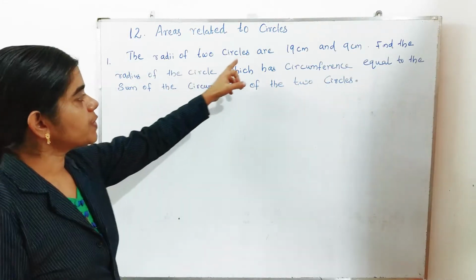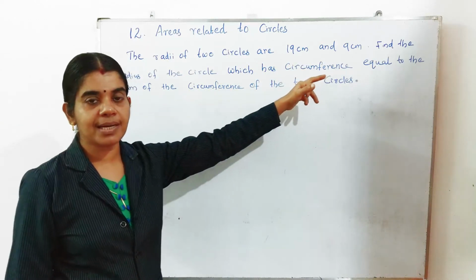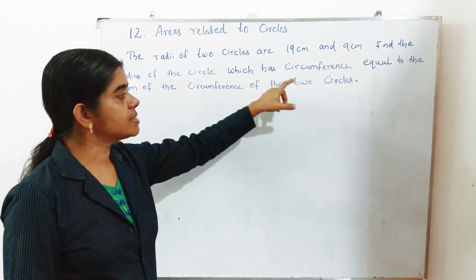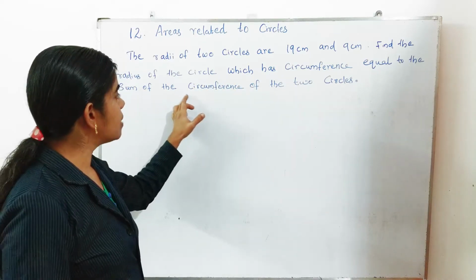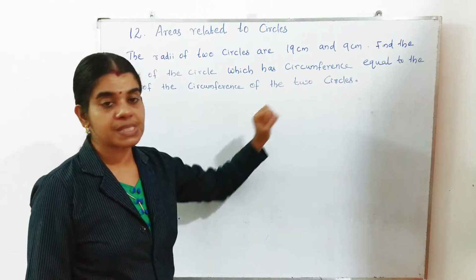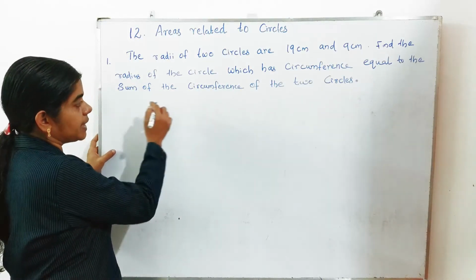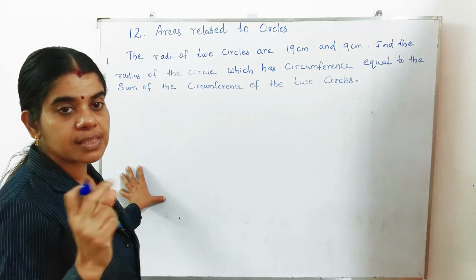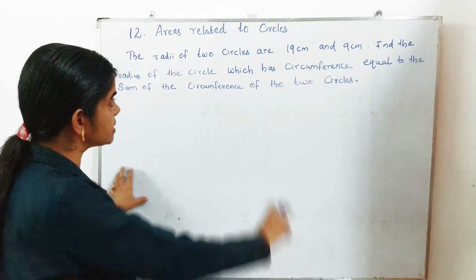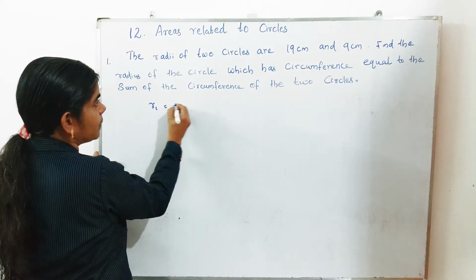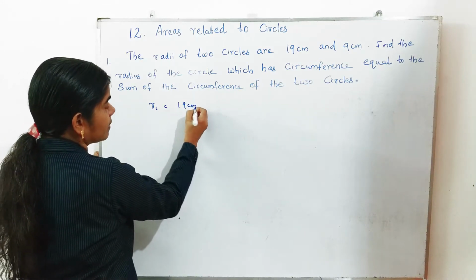The radii of two circles are 19 cm and 9 cm. Find the radius of the circle which has circumference equal to the sum of the circumference of the two circles. You already know that circumference of a circle is 2 pi r. You want to find out the radius. R1 is equal to 19 cm.